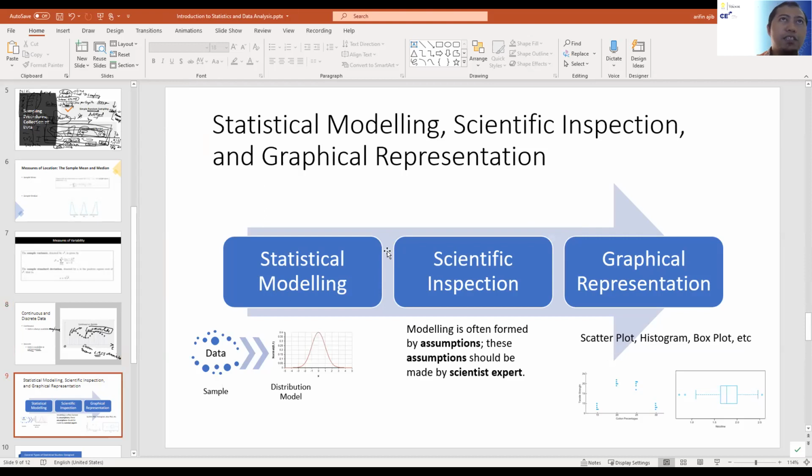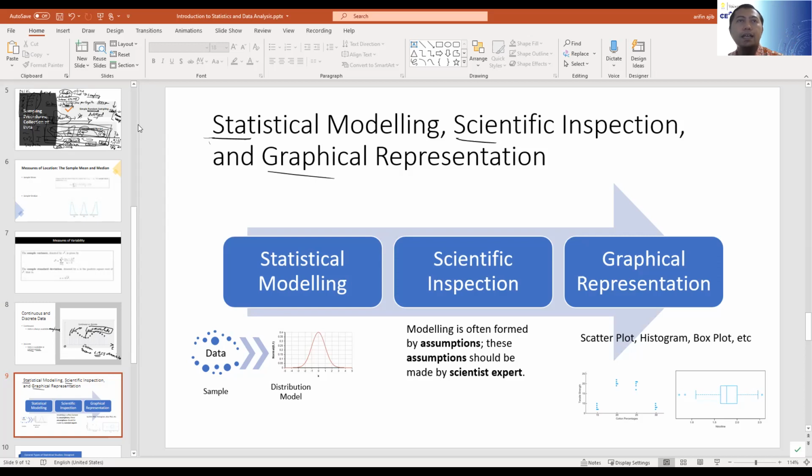Okay, let's move forward. Statistical modeling, scientific inspection, and graphical representation. Okay, what is the relation of these three phrases: statistical modeling, scientific inspection, and graphical representation?